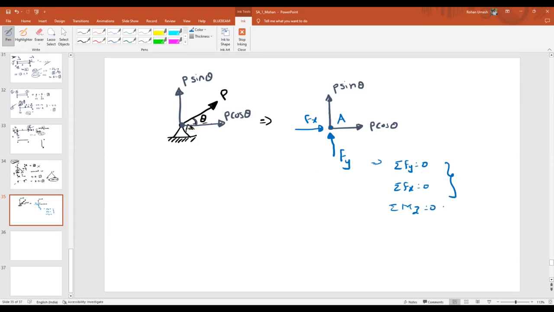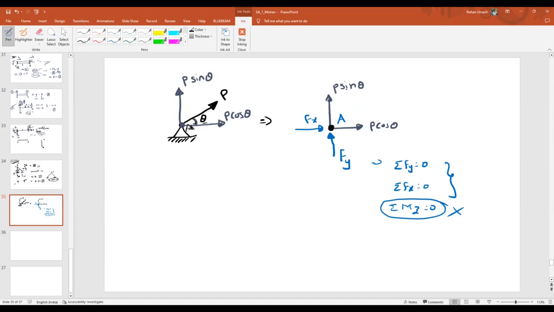Here the point is, I can omit the summation of moment Z equal to 0. Why can I omit this? See, all the forces we are resolving at which point? We are considering the free body diagram of point A, isn't it?